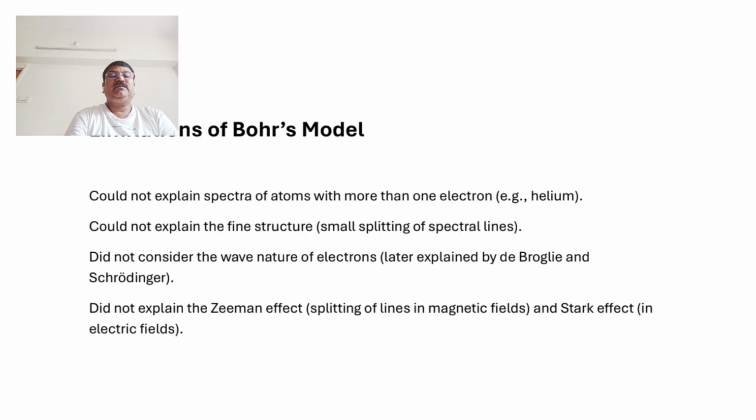Then third limit is he considered only the electron as a particle, and all of you are aware that there is a dual theory of electron. Electron exists either in a particle form or a wave form, but Niels Bohr does not think about the wave nature of electron.